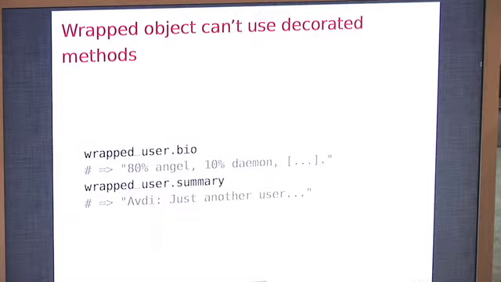And when we use those, we've wrapped a user in a sociable user, and we say .bio, and now it's grabbing my bio from Twitter. But when we say .summary, it's using that original bio because that wrapped object has no way of contacting the outer object. And that can be something a little bit more subtle that can bite you.